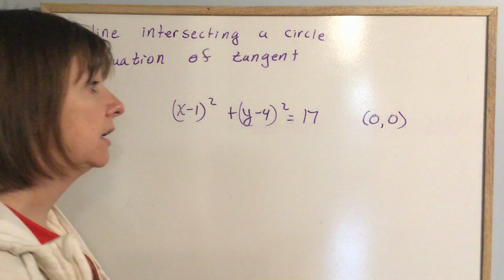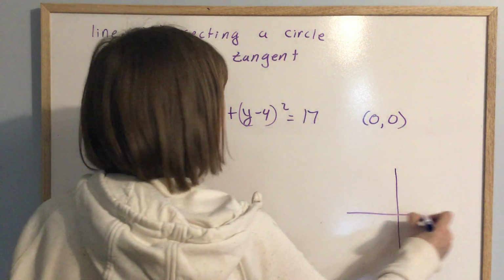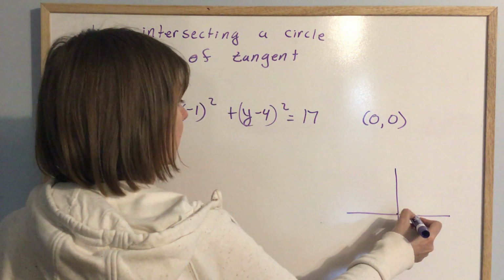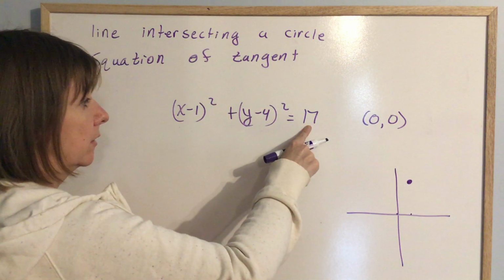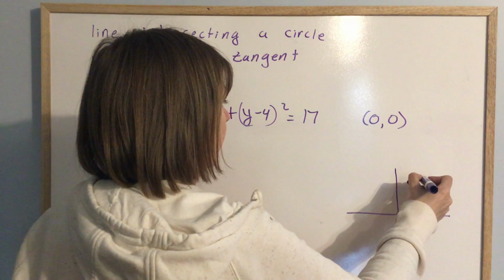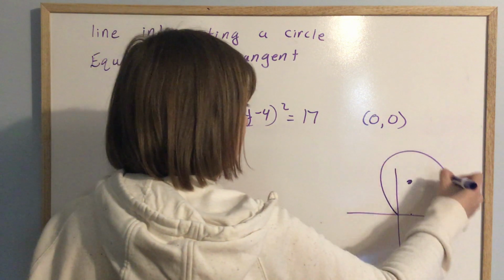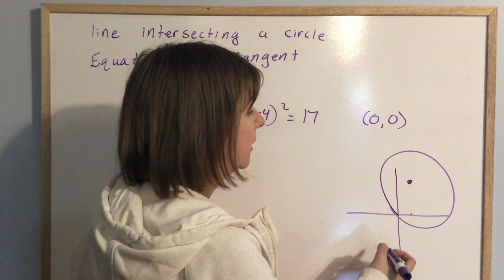So basically, if I had this circle, so the center is at 1 and 4, and the square root of 17 is like 4 point something, and so the circle around it would be something like that. That's a really bad circle, but anyway.